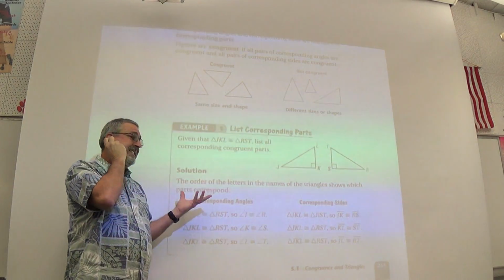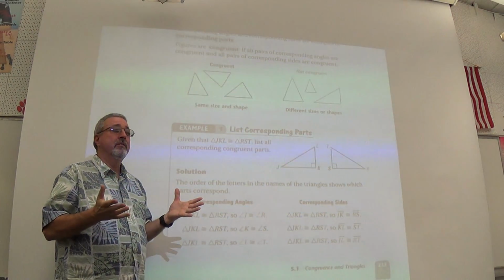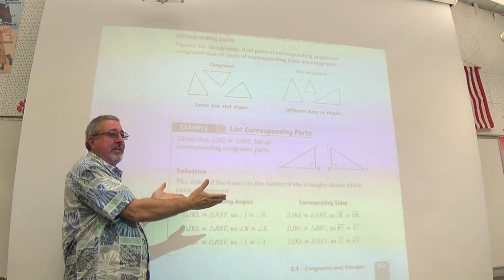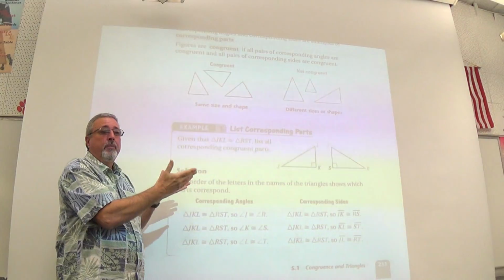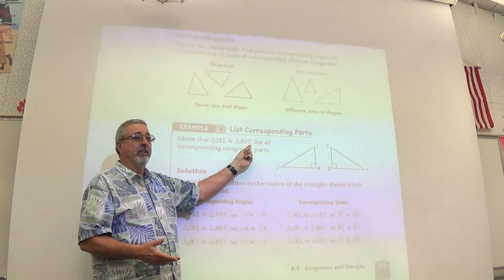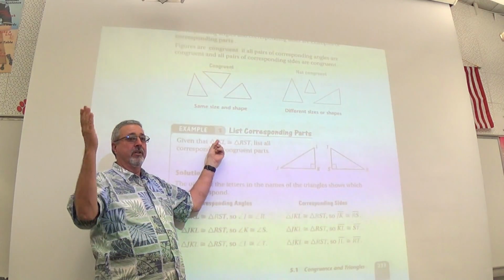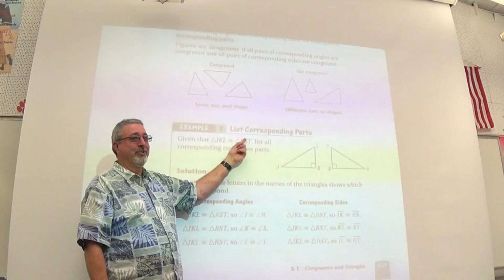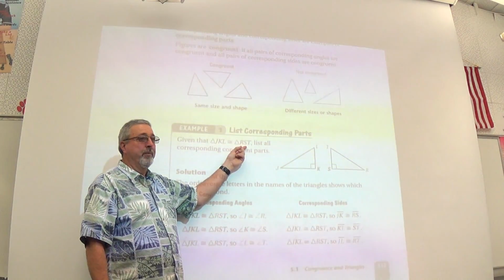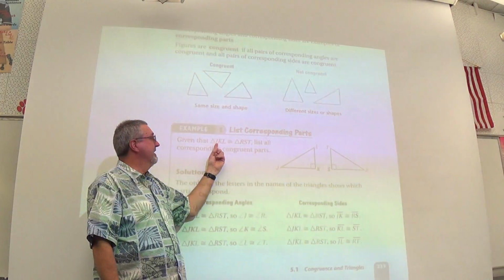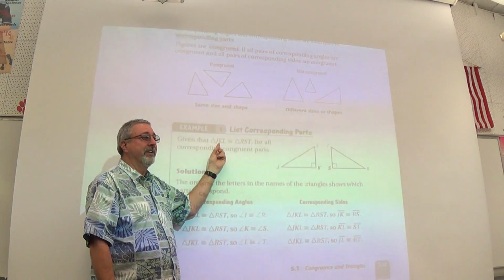Now you say, why does that make such a difference? Well, when you look at the labeling of the two triangles, you can determine which sides are congruent by the way it's listed, because this is listed in a very specific order.